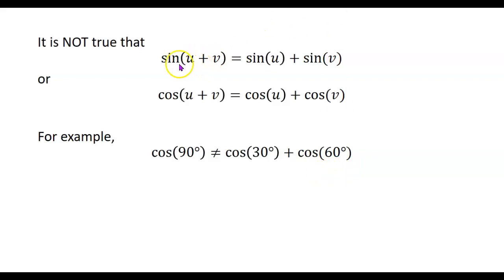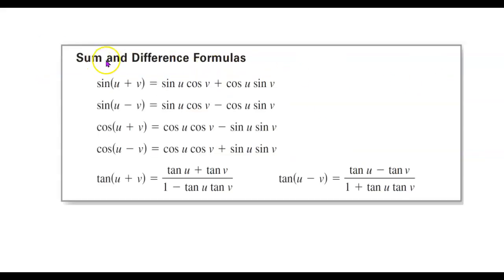So if you can't just distribute sine and cosine over addition, here's what you can do. We have some sum and difference formulas that tell what the sine or the cosine or the tangent of a sum or a difference is actually equal to.